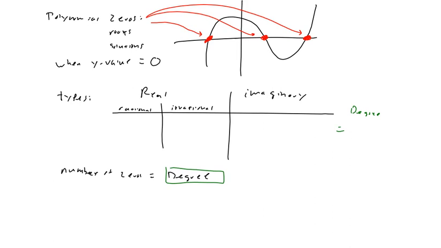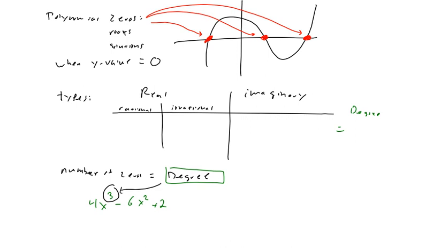For a polynomial, if we have like 4x cubed minus 6x squared plus 2, my degree is 3, right? That's the degree. So that means it has 3 zeros.